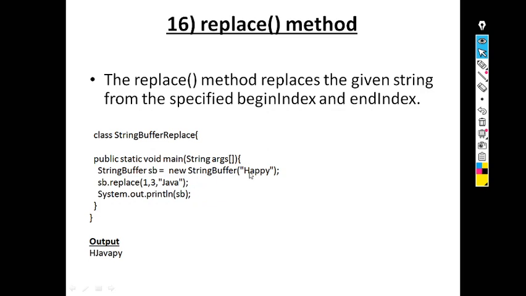The first position in your StringBuffer object is 0 and 1, this is the first position, this is the second position. So this A and P will be replaced by Java at the position of 1, and you can see that H has been printed, then Java has been printed, and as you have only changed from 1 to the third position, meaning 1 to the second position, the rest will be printed as it is.